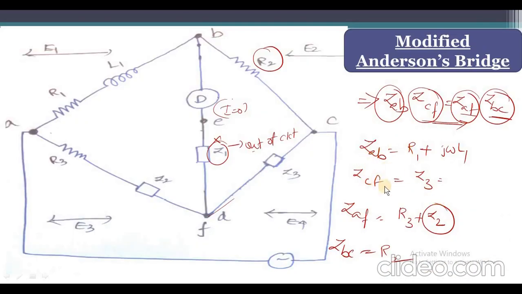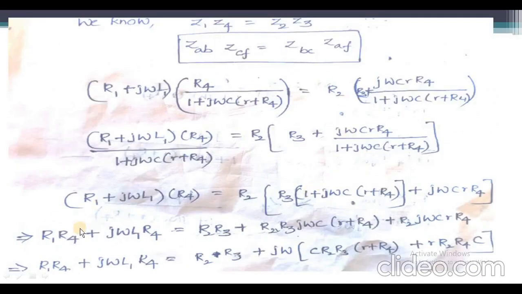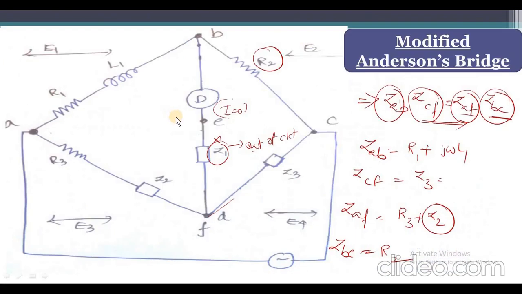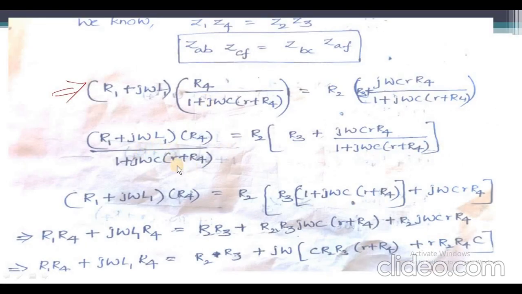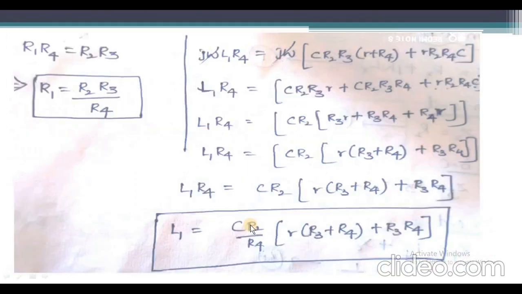After that you have to substitute ZAB, ZCF, ZAF and ZBC in the equation. Then simple multiplications and manipulations will be there.